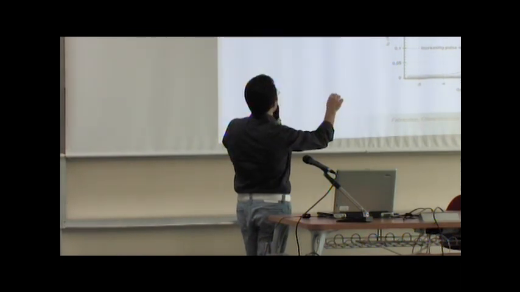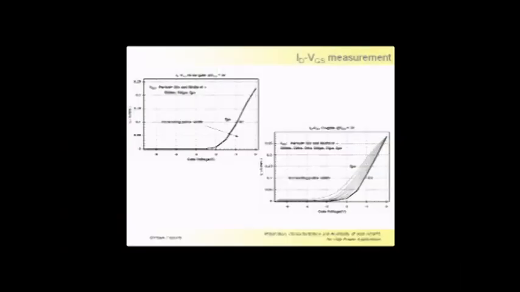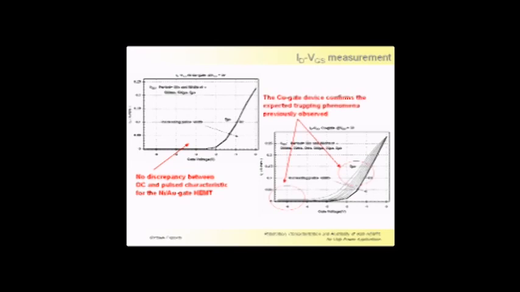Reporting all the data points, ID, VGS, we can clearly see that there's no discrepancy between DC and pulse values for the nickel gate device, but for the copper gate device, there is a non-complete depletion of the channel, even for very low gate bias, and a modulation of this transient based on the pulse width.